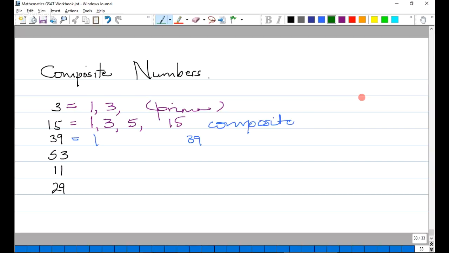If it can be divided by 3, then I know 3 can be used. So 3 could go in there how many times? 13 times, sir. Excellent. What type of number is this one? Is it prime or composite? Composite, sir. Okay, so this one again is a composite number.